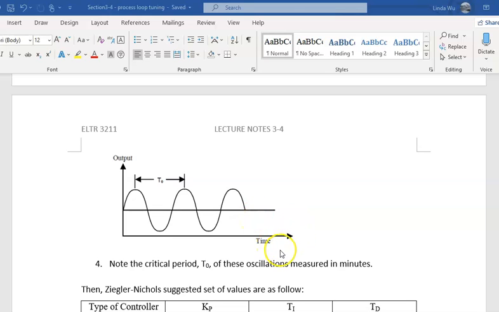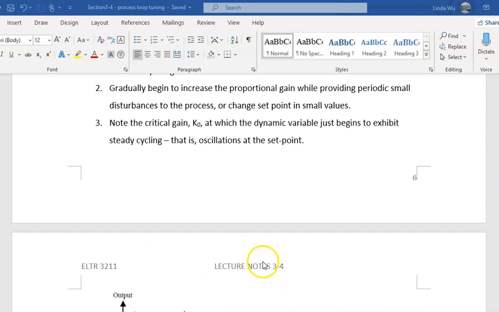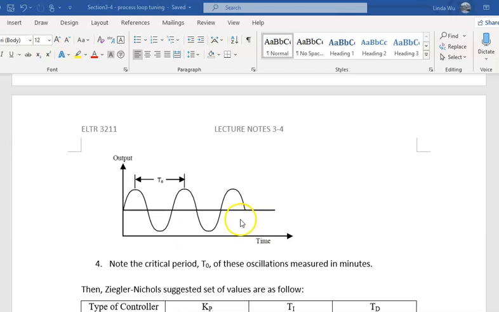So we have a steady oscillation, and then we note the critical gain K0, and then we measure T0, the period T0.